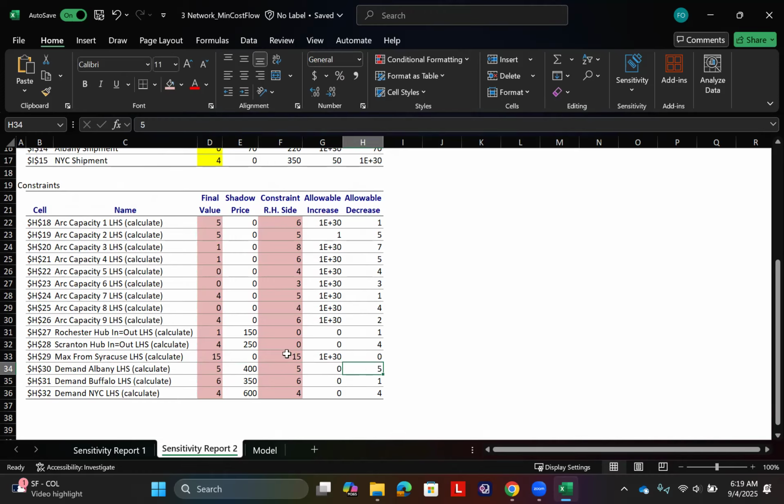For example, if the demand decreases from 5 to, let's say, 2 units, which means 3 units of deduction, that means that 3 times 400, $1,200 decrease in total cost. I hope this helps you, and until next video, enjoy business analytics.